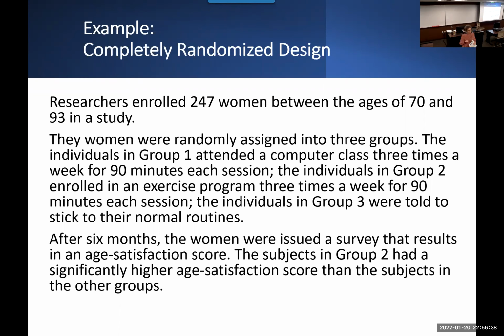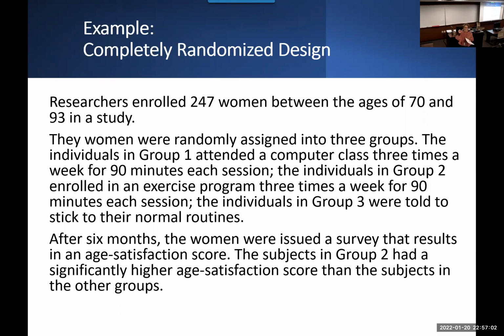So how many treatment groups were there? There were 3 of them, right? So what they do in a completely randomized design is they take their treatment groups, in this case 3 of them. They had 247 women, and they divided 247 by 3. That's going to give you 82, 82, and 83, because it's not an even number, right?